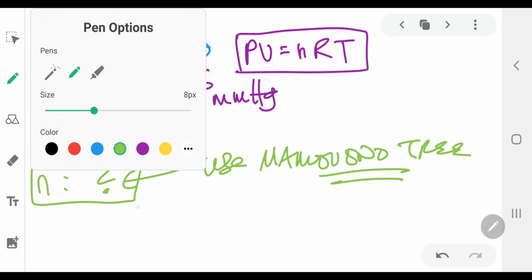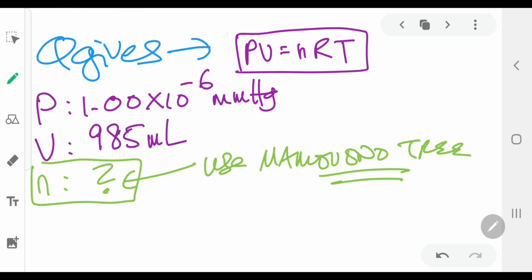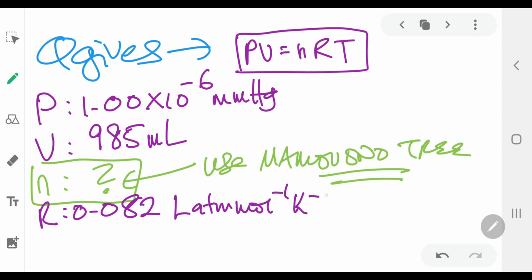Okay, so PV equals to nRT, and R is just 0.082 liter atm per mole per Kelvin. And then the temperature given to us is about 0.0 degrees Celsius. So those are the pieces of information given to you.